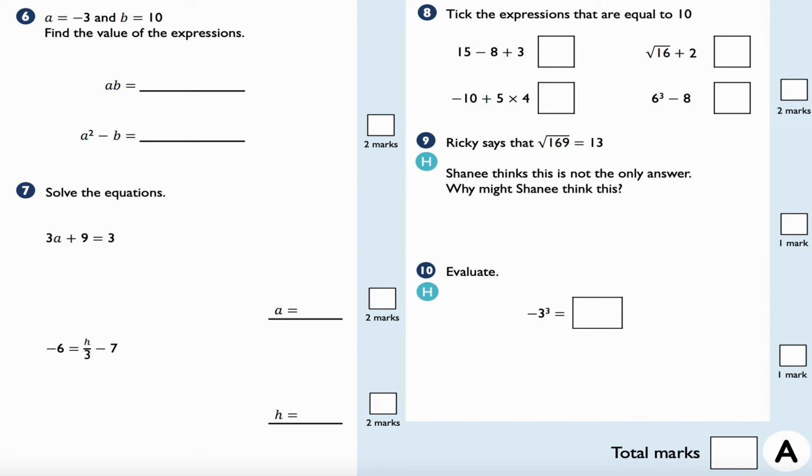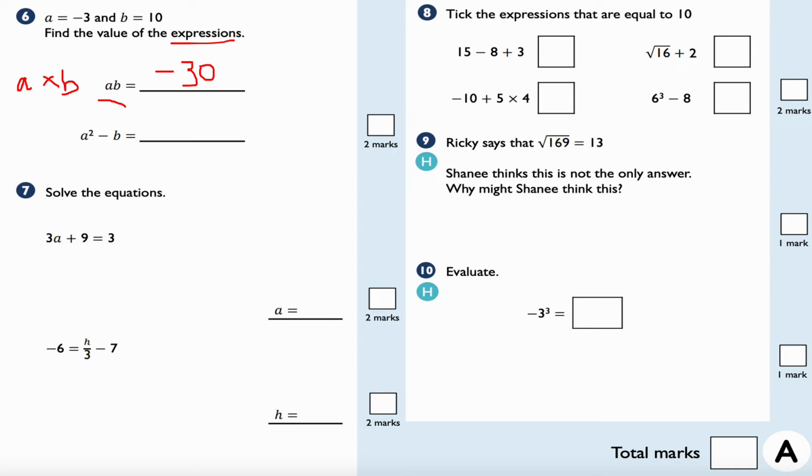This is question number 6, guys. A is equal to -3 and B is equal to 10. Find the value of the expressions. So AB in maths means A times B. So it's -3 times 10, which is equal to -30.